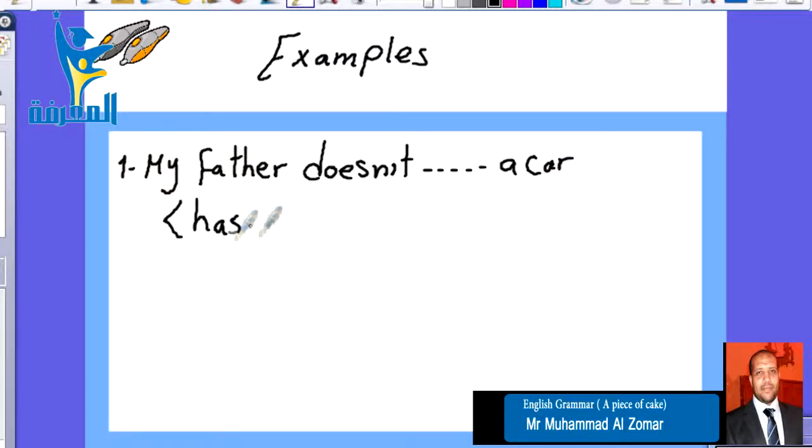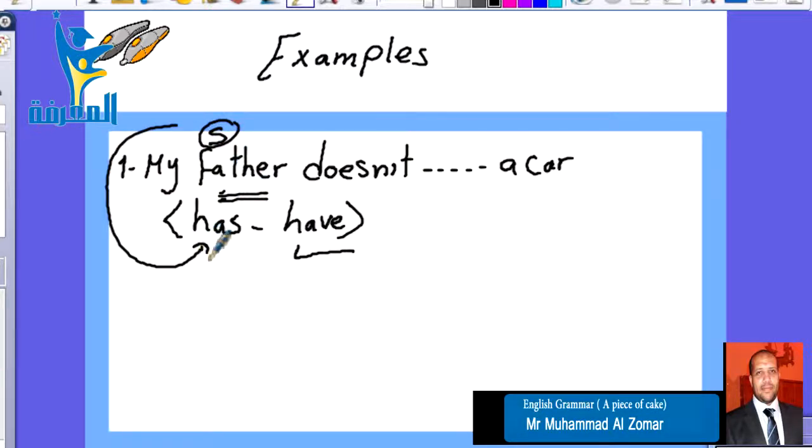Has or have? Of course, we will choose have. Why will we choose have? Here we have my father. It's singular, so the singular takes has. But here we have doesn't. Doesn't shall take an infinitive verb after it.